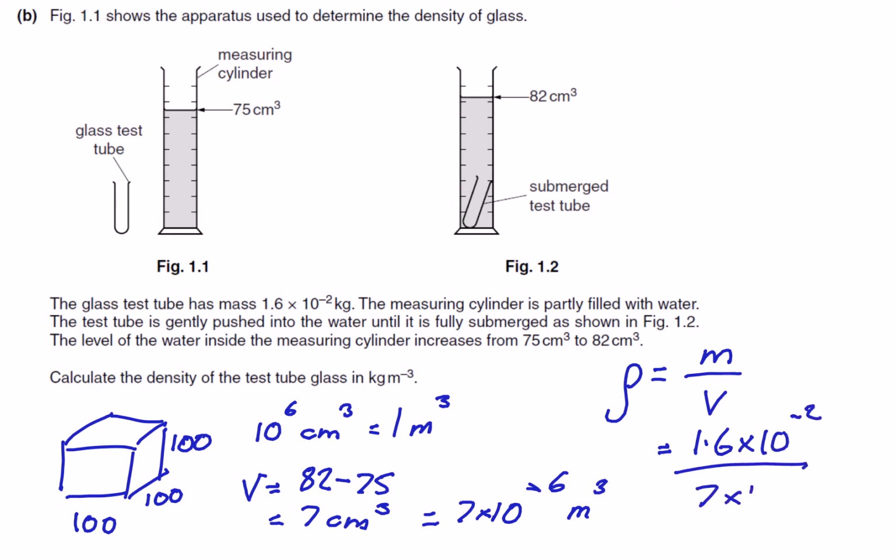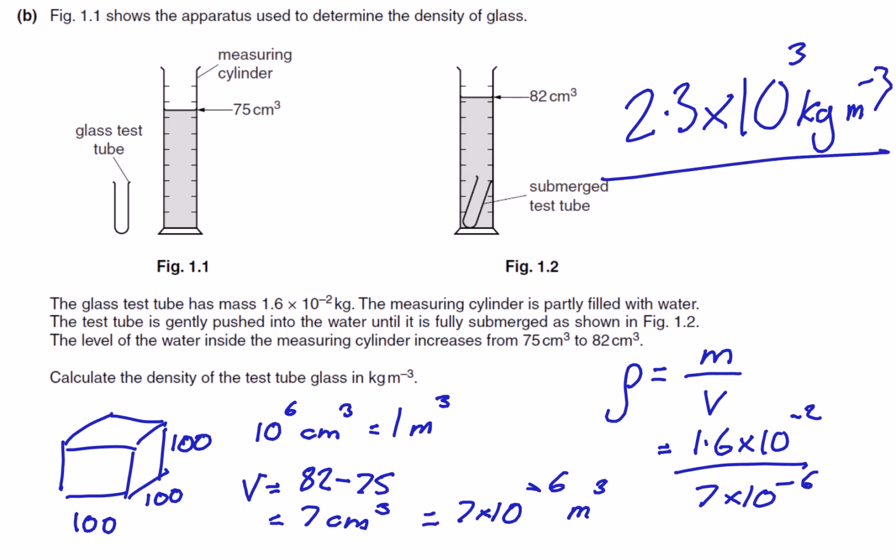If we put those into our calculator, it will come out with a density for glass of 2.3 times 10 to the 3 kilograms per metre cubed. And that looks about right. Water is 1 times 10 to the 3 kilograms per metre cubed, and glass clearly sinks, so I'm happy with that answer.